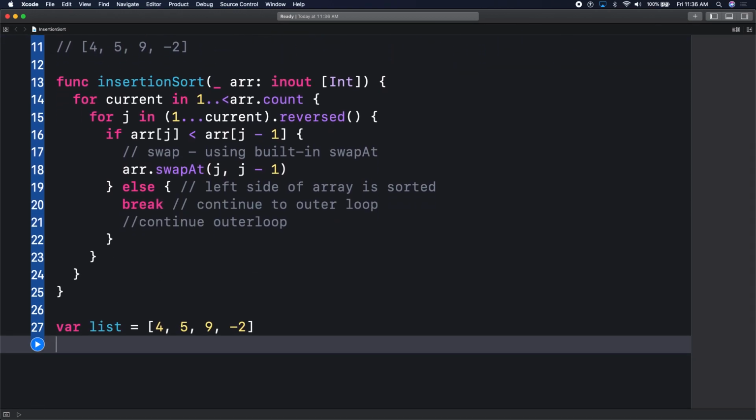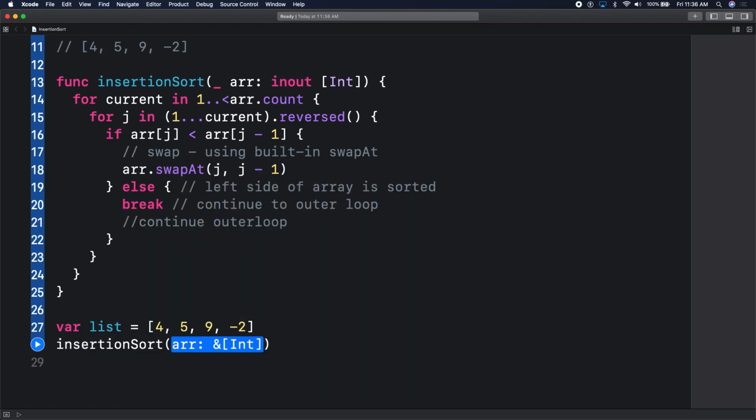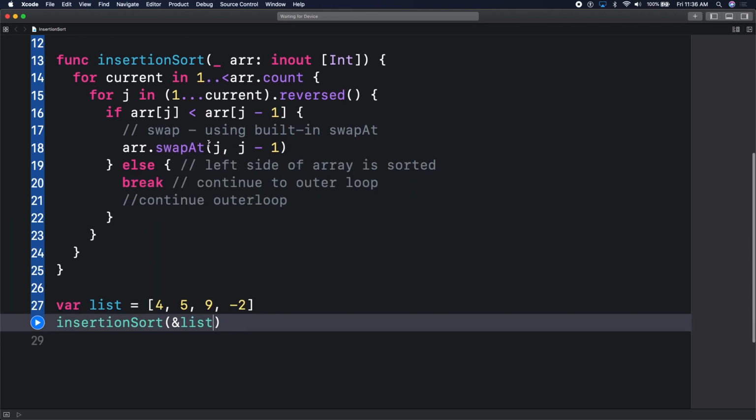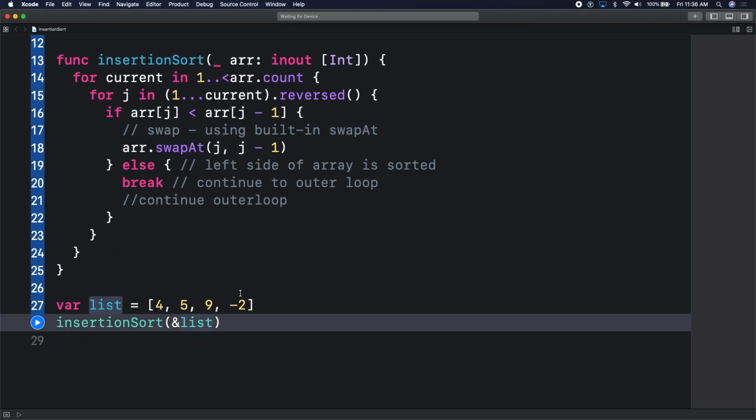So we have our list. Let's call insertion sort. Again, expecting some sort of reference list here, so we mark it with an ampersand and the list. So now we have a reference. This function has a reference to the list array, so it's able to change it in place. As we change that array internally here, it also changes the outside array.